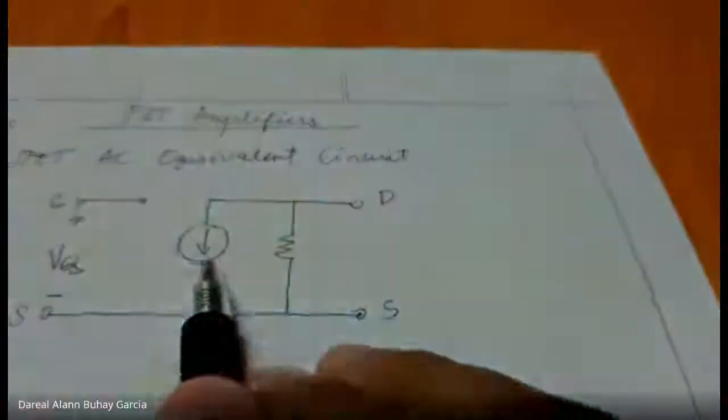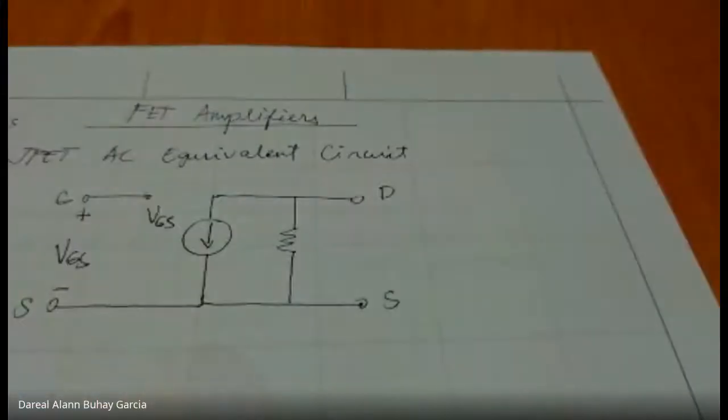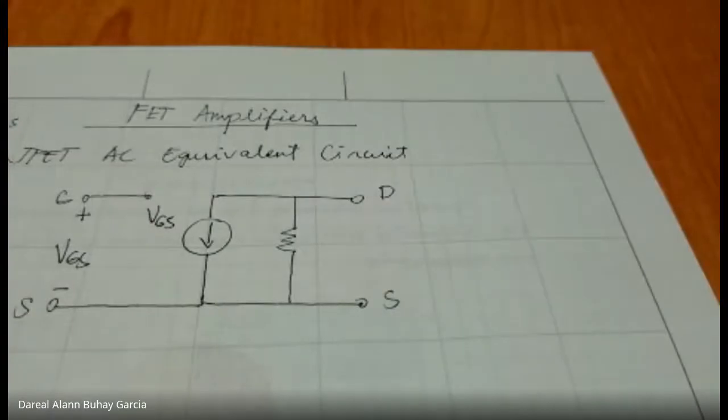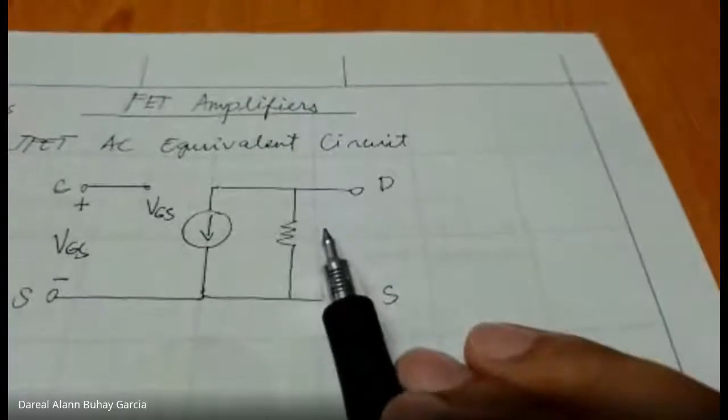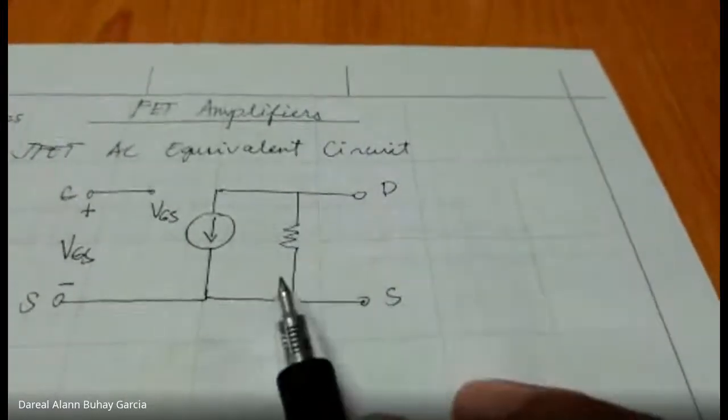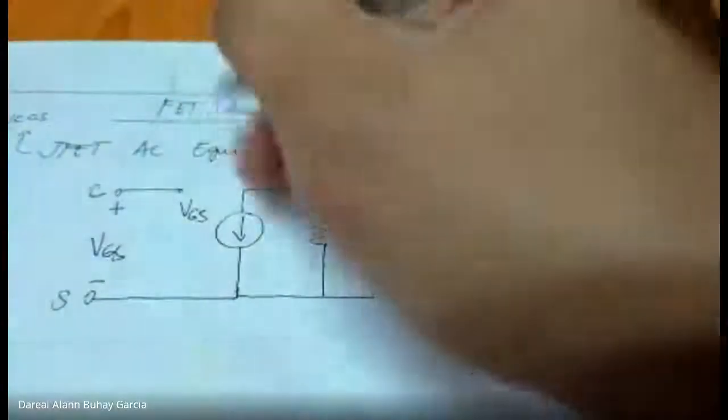So this is a dependent current source. Its controlling parameter is VGS, multiplied by its characteristic parameter. In the BJT, that is what we call beta. In the FET, especially in AC analysis, we call it gm.